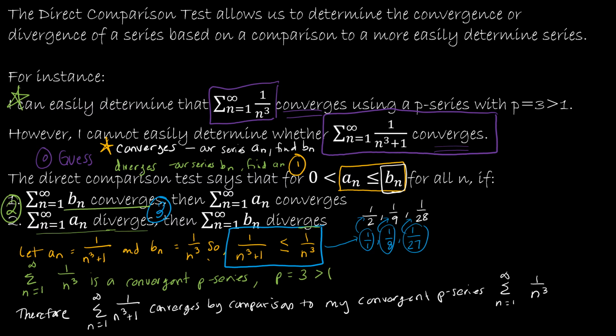So that's really all three parts. Step 1, show that the inequality is true. Step 2, show that the one that we know about either converges or diverges depending on your situation. And step 3, say therefore by comparison our new function converges or diverges.